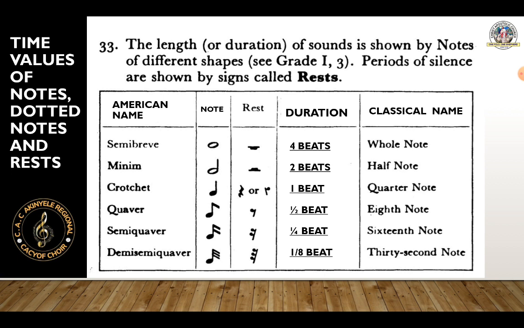Ditto for crotchets. We have 2 crotchets in a minim, we have 2 quavers in a crotchet, and 4 quavers in a minim, and 8 quavers, so on and on like that. So the semi-quaver, we have 2 of it in quaver, and we have demi-semi-quaver represented twice in semi-quaver.